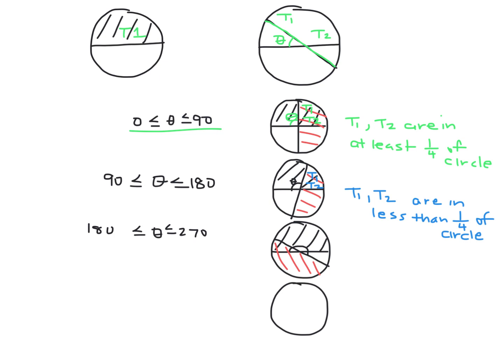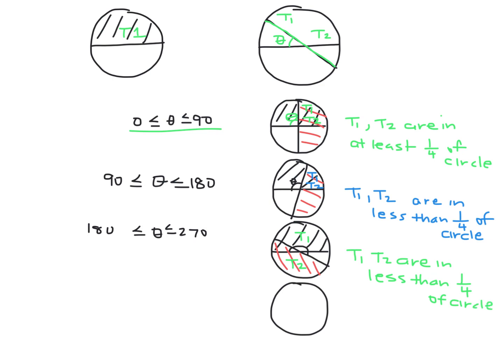Now my T1 and T2, here's T1 up here, and T2 is down here. So again, T1 and T2 are in less than 1/4 of the circle.